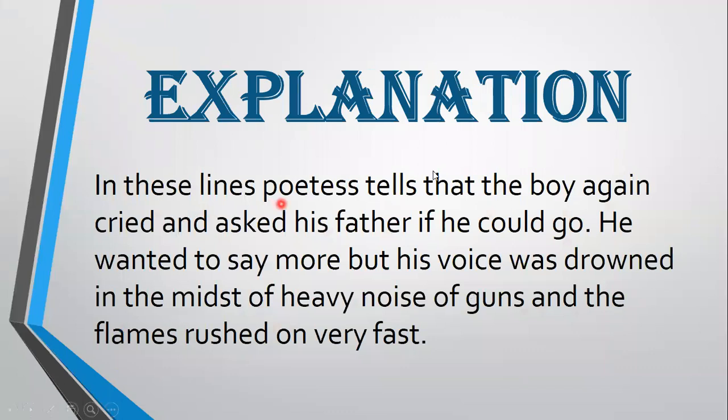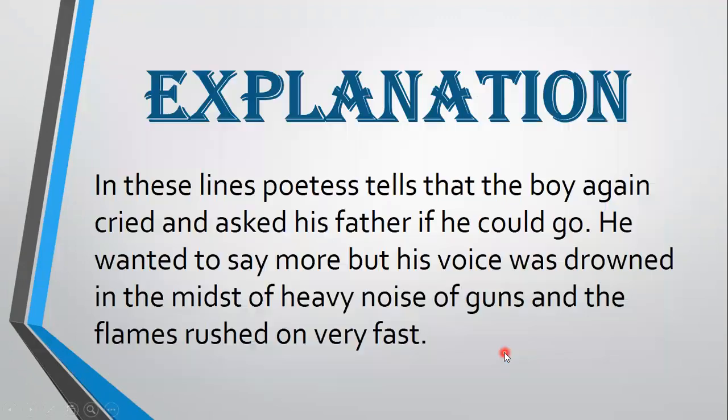In these lines, the poet tells that the boy again cried and asked his father if he could go. He wanted to say more, but his voice was drowned in the midst of the heavy noise of guns, and the flames rushed on very fast.